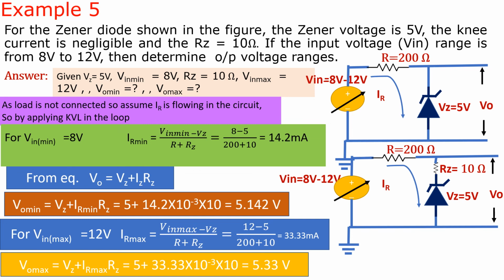In example 5, we considered the case when the Zener resistor is finite. So these are the simple problems we considered here.